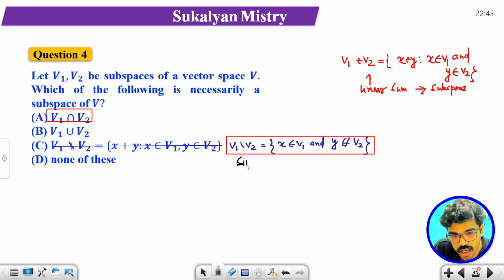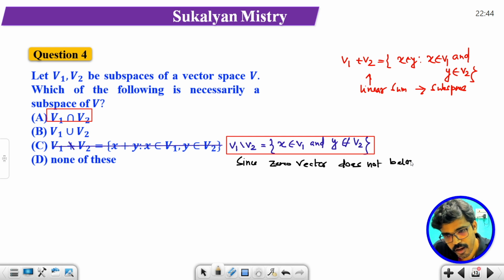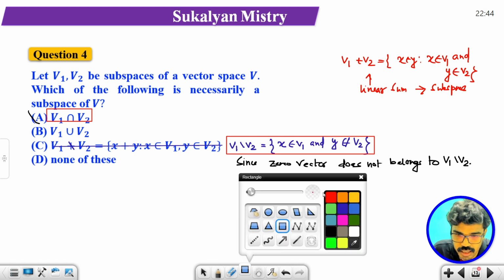Since the zero vector does not belong to V1 minus V2. So that's why this is not a subspace. Okay? So union of two subspaces is not a subspace. So only option A is the correct answer.